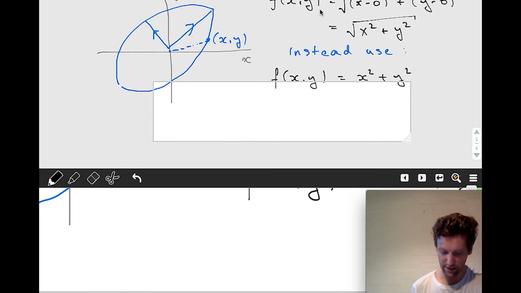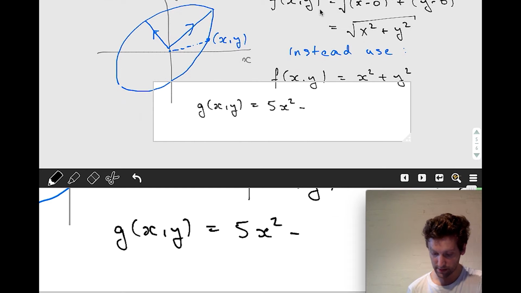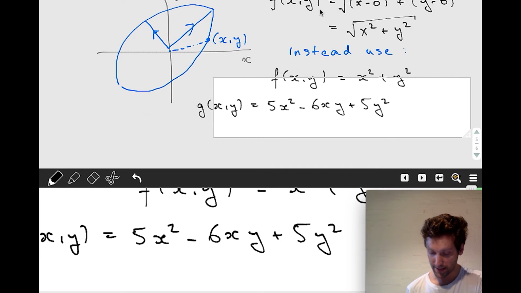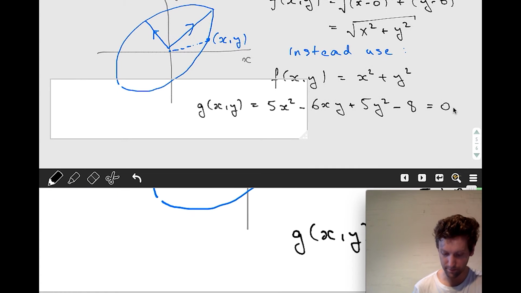So our constraint is g of x and y is equal to 5x squared minus 6xy plus 5y squared minus 8 is equal to 0. Again, all I've done is rewrite my expression for the ellipse so that it's something equals 0. And that's our constraint.